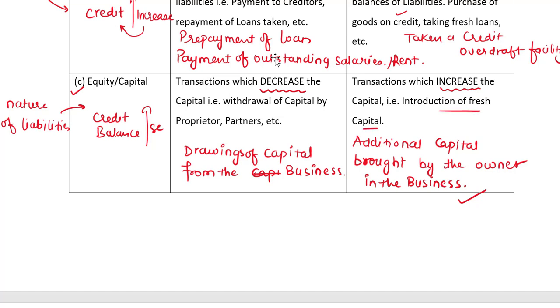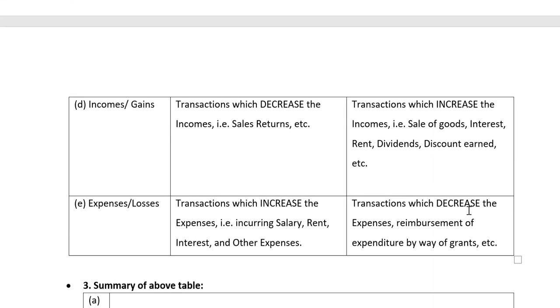Introduction of fresh capital, and over here withdrawal or drawings of capital. Have you understood, everyone?